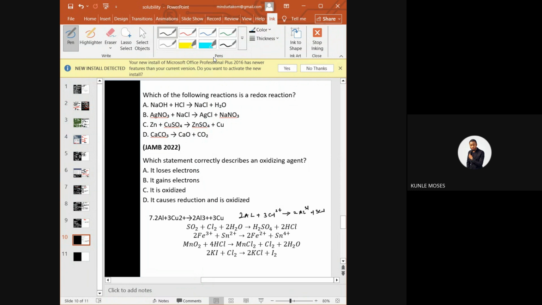If we multiply copper by 3, it gives us 6. So it will now be 6, 6. That means we add 2 to the aluminium side, which is why we have 2Al, and we add 3 to the copper side, which is why we have 3Cu. Is that taken? So Lilian, over to you.